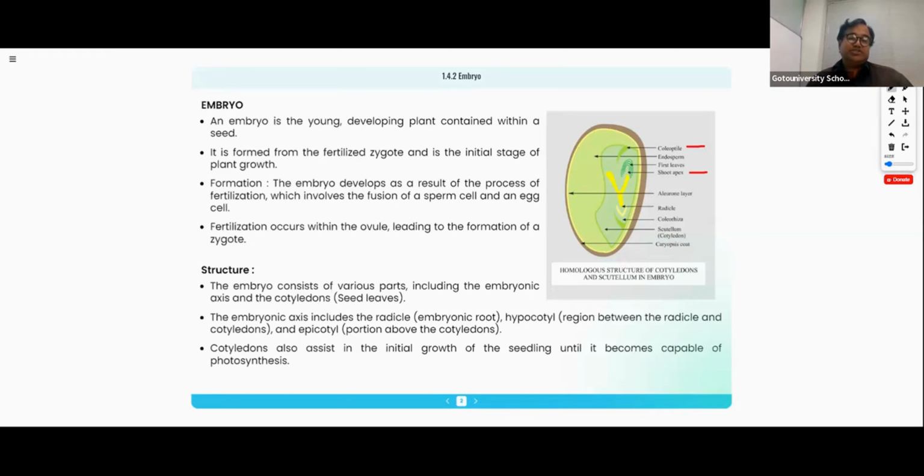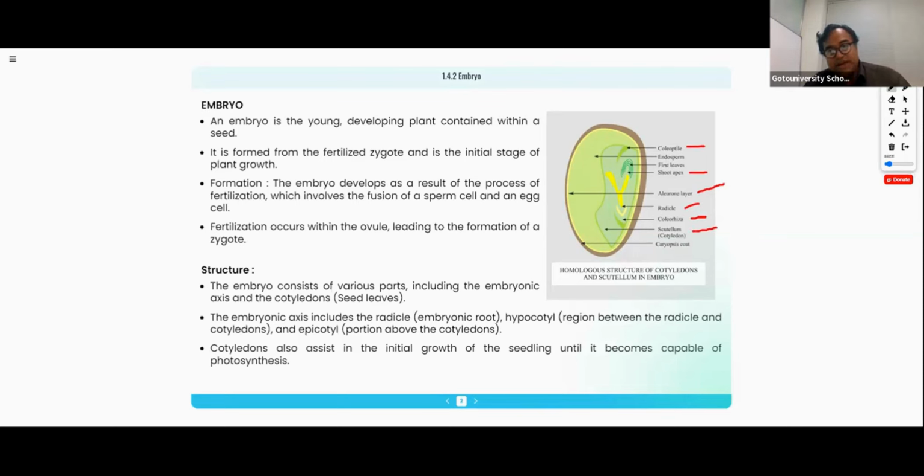That means the mother structure which makes the shoot apex is the coleoptile. The coleorhiza is a structure which is going to make the radicle. The aleurone layer is rich in protein, responsible for nourishing the embryo if it needs to develop varieties of structures like enzymes, cell membrane, etc. So this layer is rich in protein.